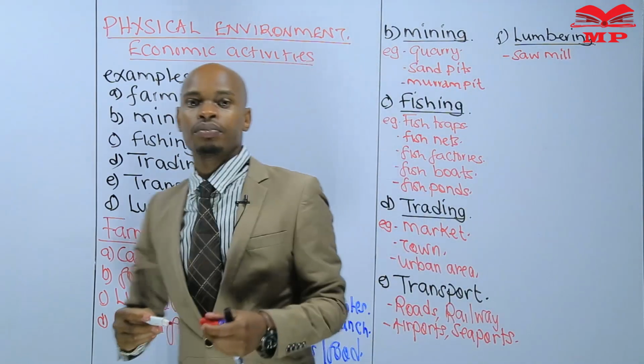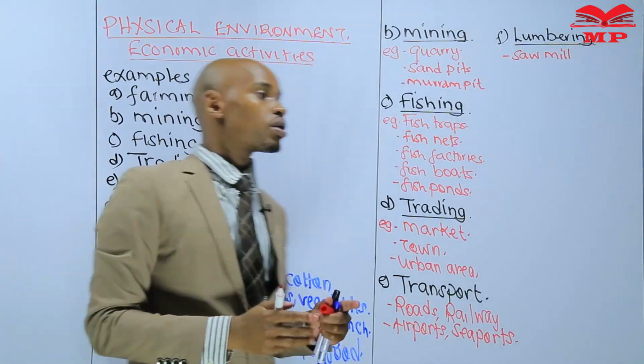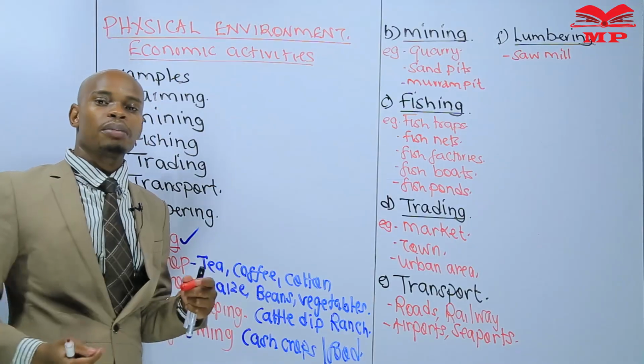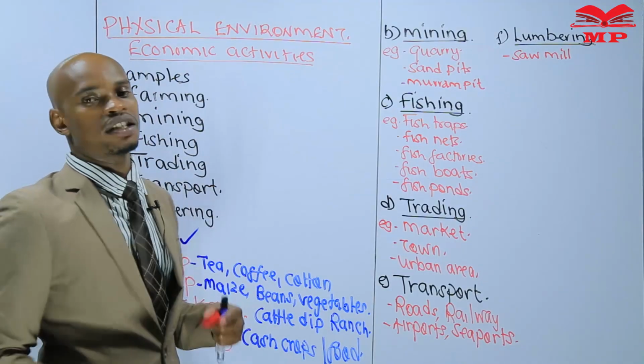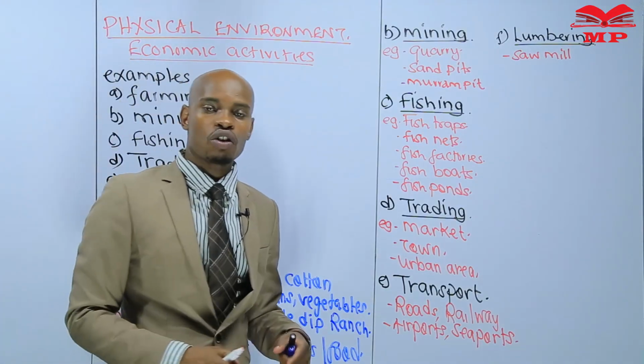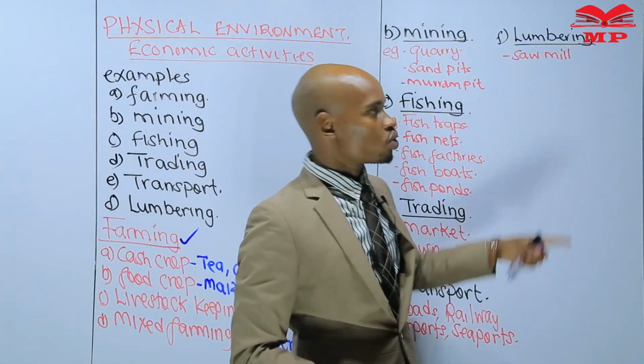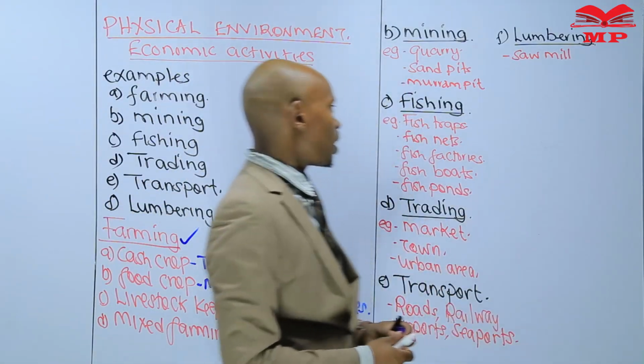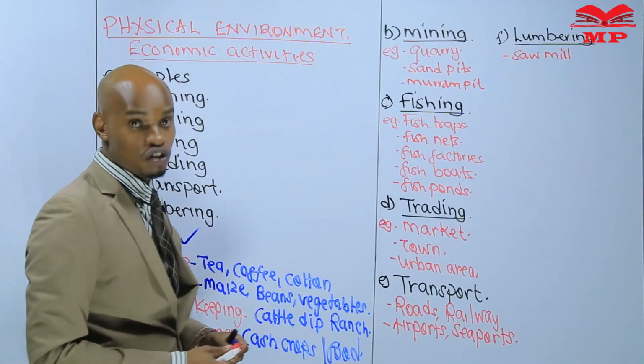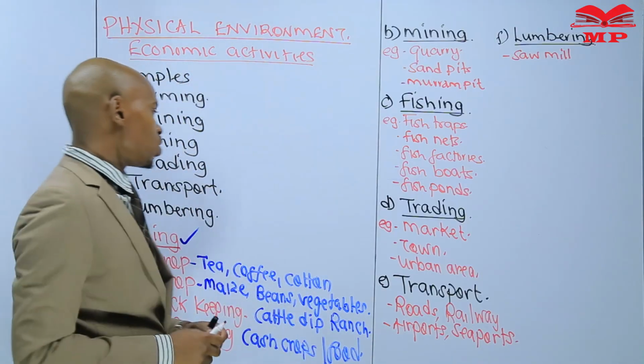A forest only does not mean there is lumbering, because lumbering is the exploitation of timber, and the processing of the timber takes place in a sawmill. So what shows you that there is lumbering is a sawmill, not a forest.